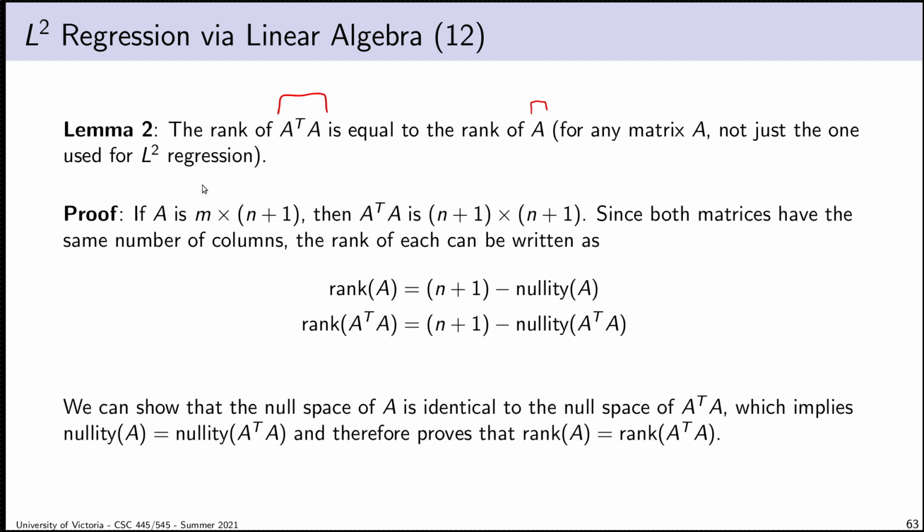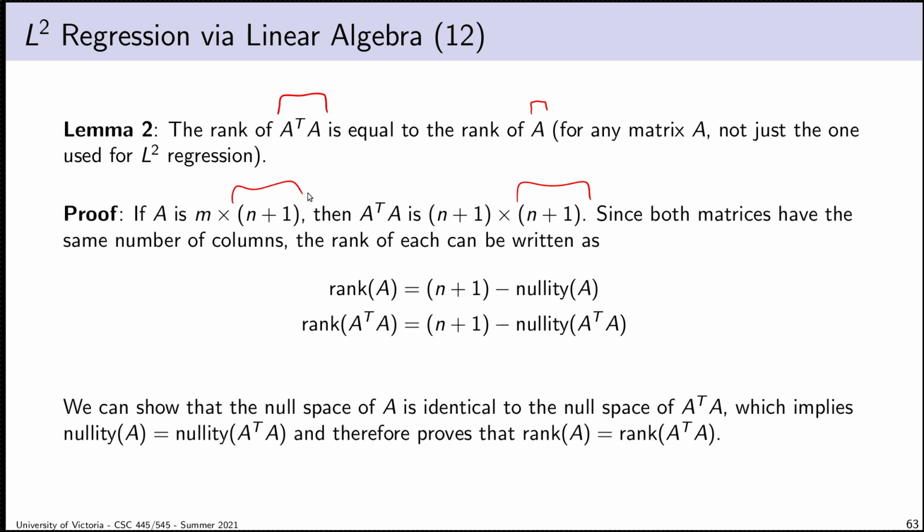So if A is m by n plus 1, as it is in this case, then A transpose A will be, by the basic rules of matrix multiplication, n plus 1 by n plus 1. Both of the matrices actually have the same number of columns, as I'm sure you can observe. So obviously this is the number of columns, n plus 1 columns in both matrices.